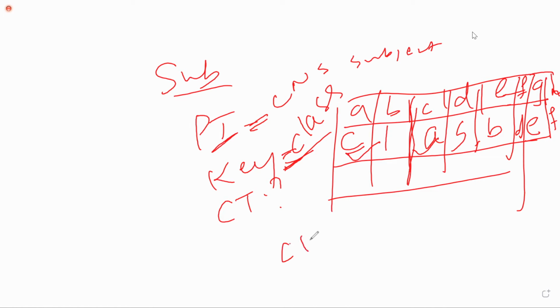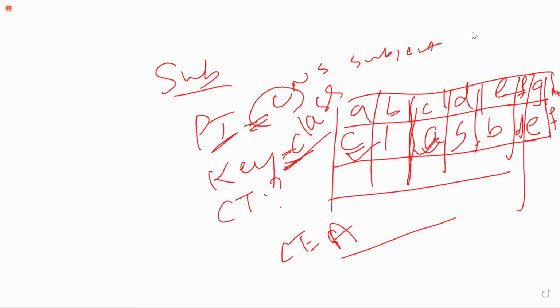And the corresponding ciphertext will be, so the plain text is CNS. In place of C, what is the corresponding character? A. So we take that A. Whatever character we get for N, we take that. So that is the procedure for a given key in the substitution technique.